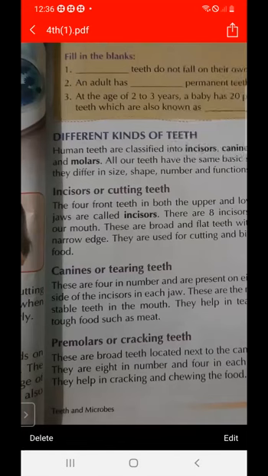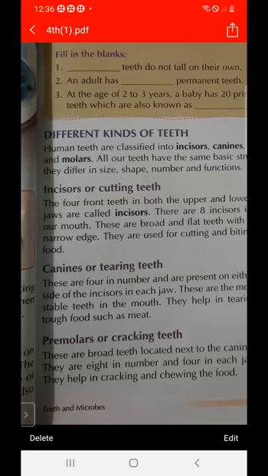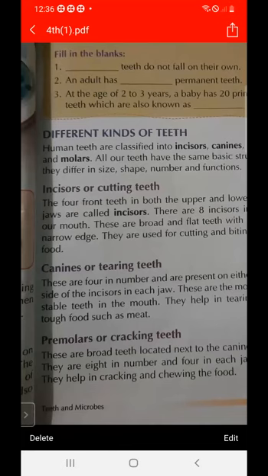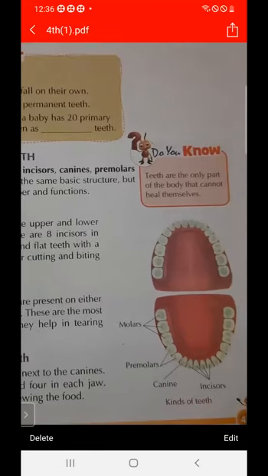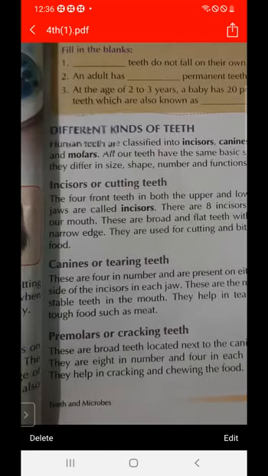Next is canine or tearing teeth. What do you mean by canine? It is also called the tearing teeth. They are four in number and they are present on either side of the incisor in each jaw. As shown in the figure, on either side of incisor, incisor के दोनों side में, they are called canine. And canine is also called tearing teeth.